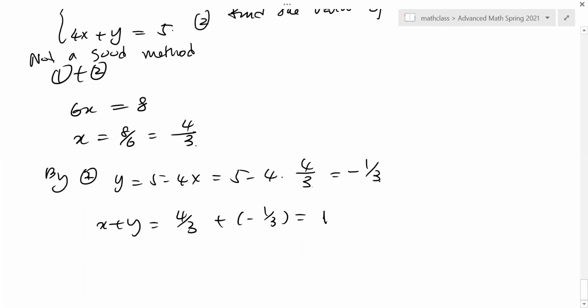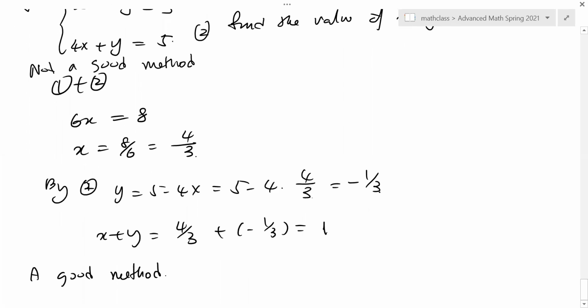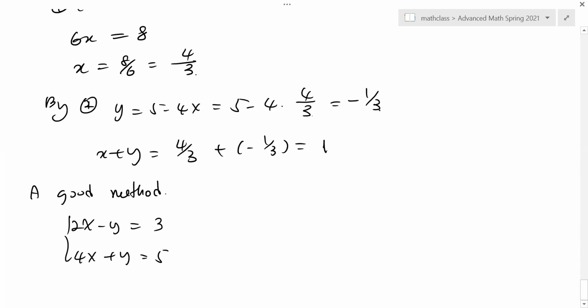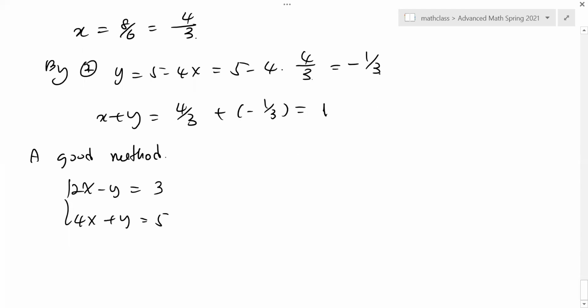Now the next one, a good method. The good method is you look at these two equations. Let me write them down again. 2x minus y equals 3, 4x plus y equals 5. Here's equation 1, here's equation 2.